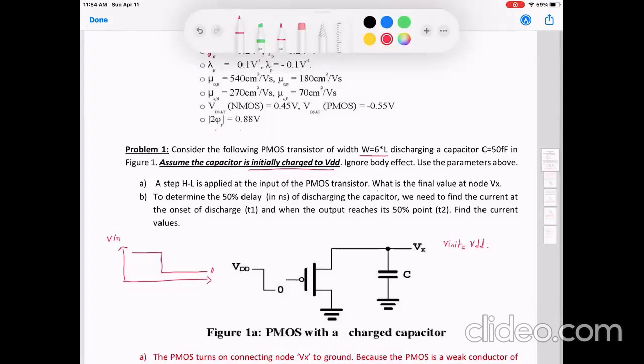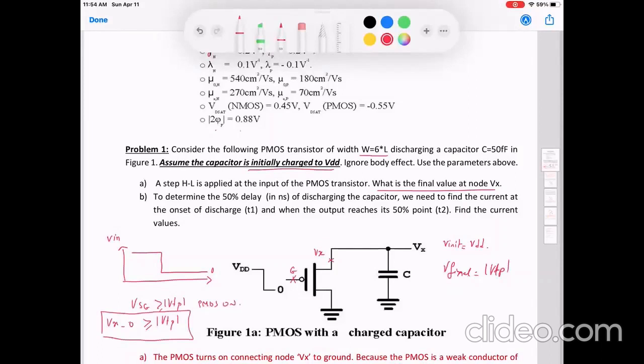So what is the final value at node Vx? We said that this is G and this is Vx, and we said that VSG is going to be greater than the magnitude of VTP, where VSG is Vx minus Vg, which is 0.